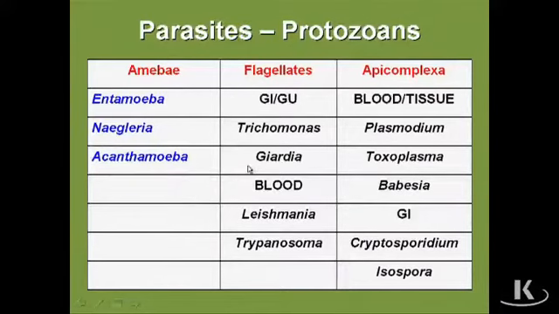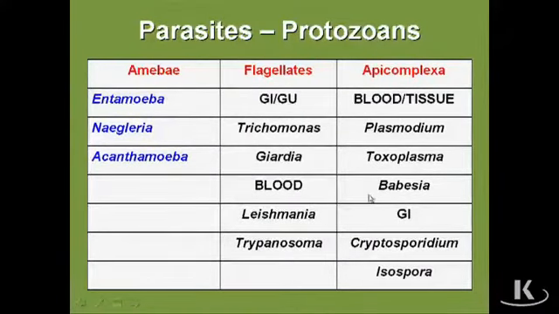Naegleria and Acanthamoeba are amoeba that sometimes show up on step 1, but we're going to place those a little bit lower yield than Entamoeba, for example. As far as GI and GU infections, Trichomonas and Giardia are both pretty high yield, but Leishmania and trypanosomes are probably fairly low yield for the USMLE.